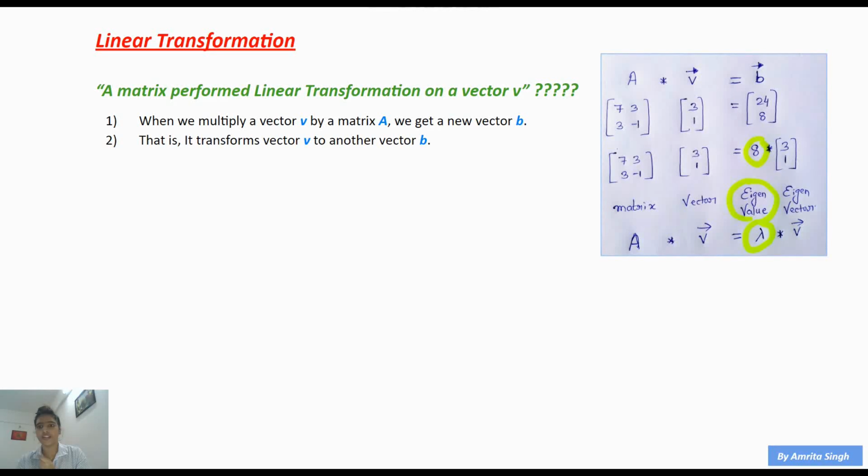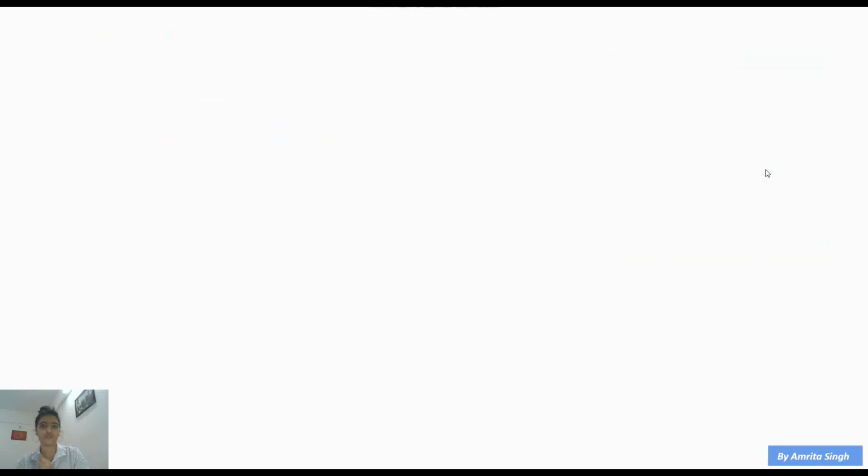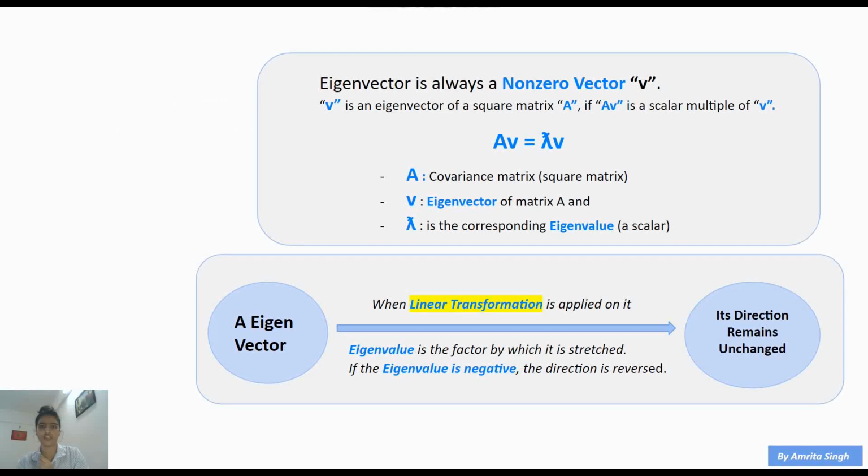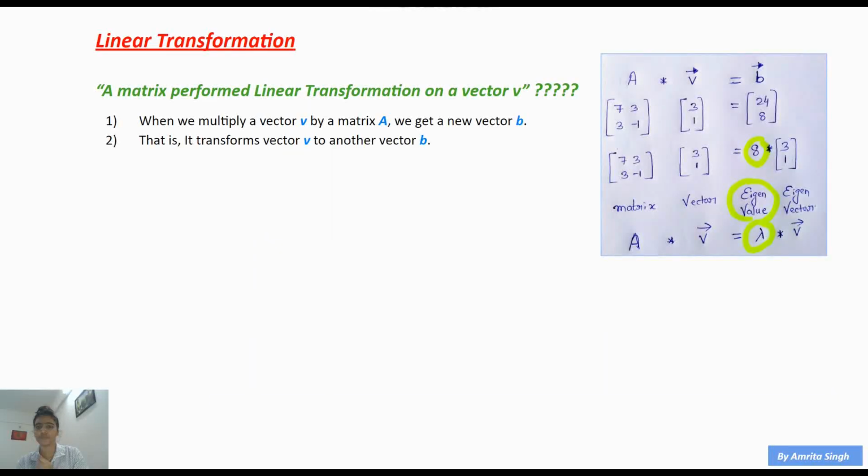On the right side is an example through which it will be much clearer. At the end, you see how we get 8 as a scalar value, the eigenvalue. It explains the definition of the eigenvector that I gave in the previous slide.